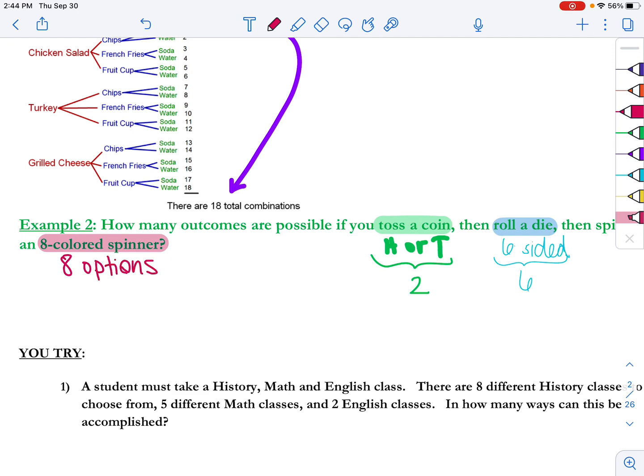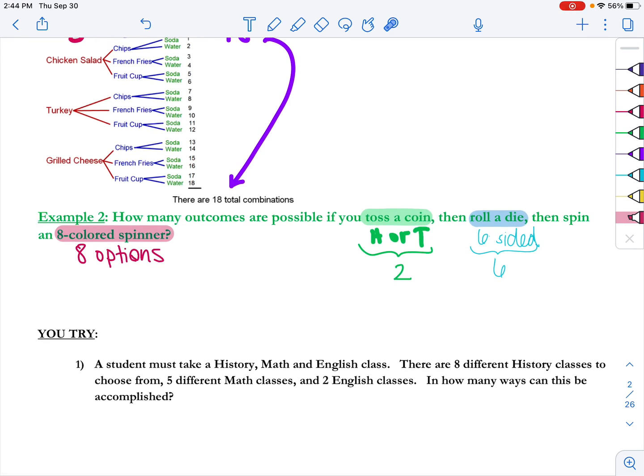So because all 3 of these are independent of each other, they don't affect each other, the basic counting principle says we can take the number of options, which is 2, 6, and 8, right? 2 possible outcomes for flipping a coin, 6 possible outcomes for rolling a die, 8 possible outcomes for spinning the spinner, and all we have to do is multiply those together, and we have 96 different possible outcomes.